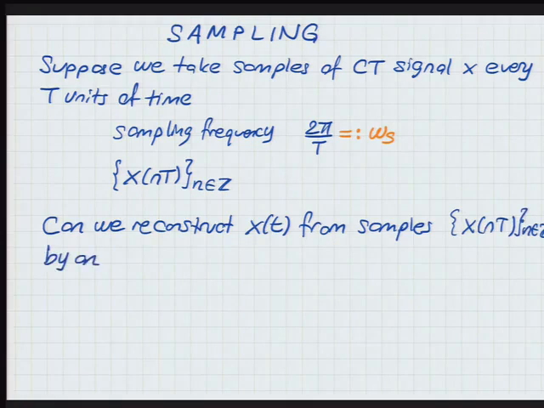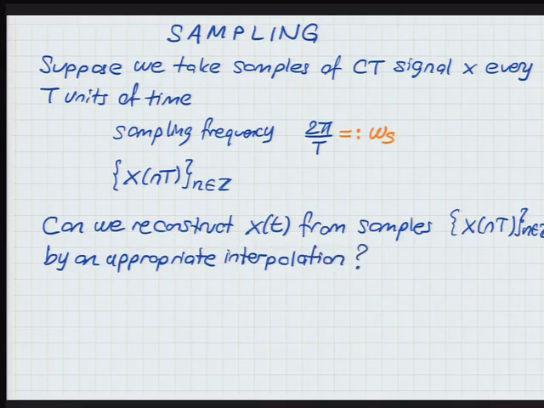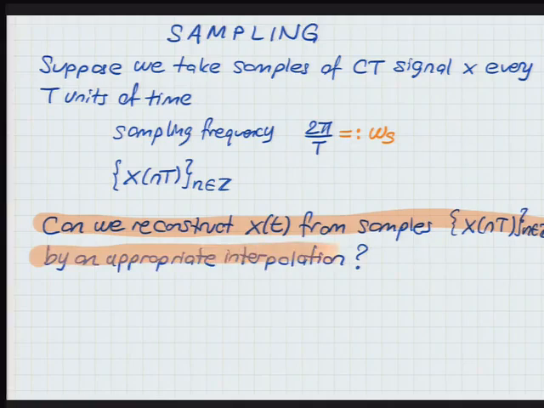So how do I reconstruct a continuous time signal from samples? I have to interpolate between them. So you need to first understand the questions to understand the answers. What the previous lecture and today's lecture will discuss is basically an answer to this question.